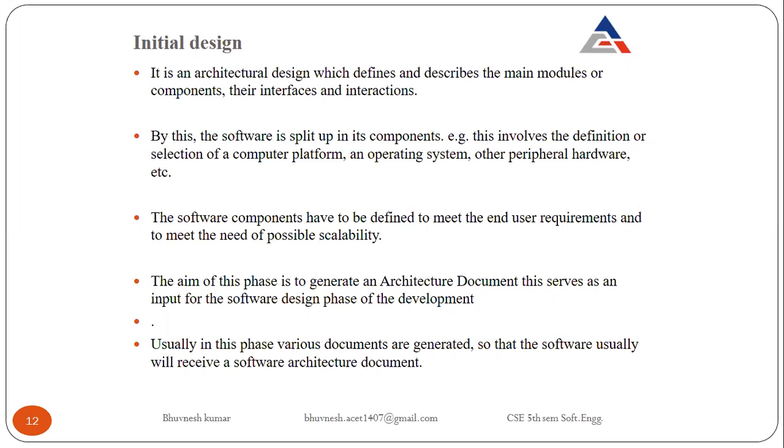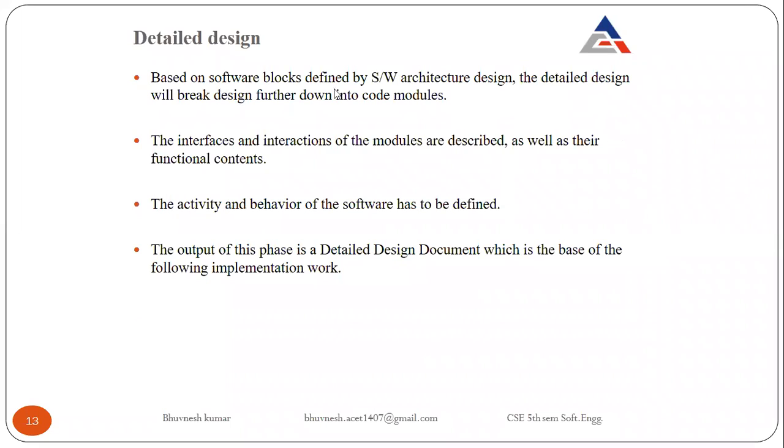These are the tool names. This design documentation also has to be maintained. Then the second category of your design phase is detailed design. In your initial design, we only design the main modules, main components and main interfaces. But in a detailed design, we will go for each and every phase, each module.